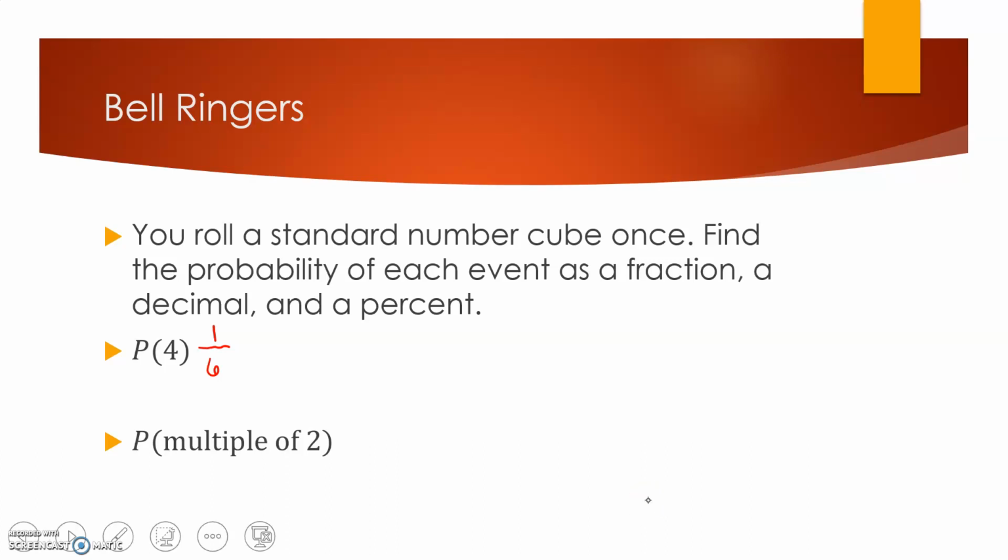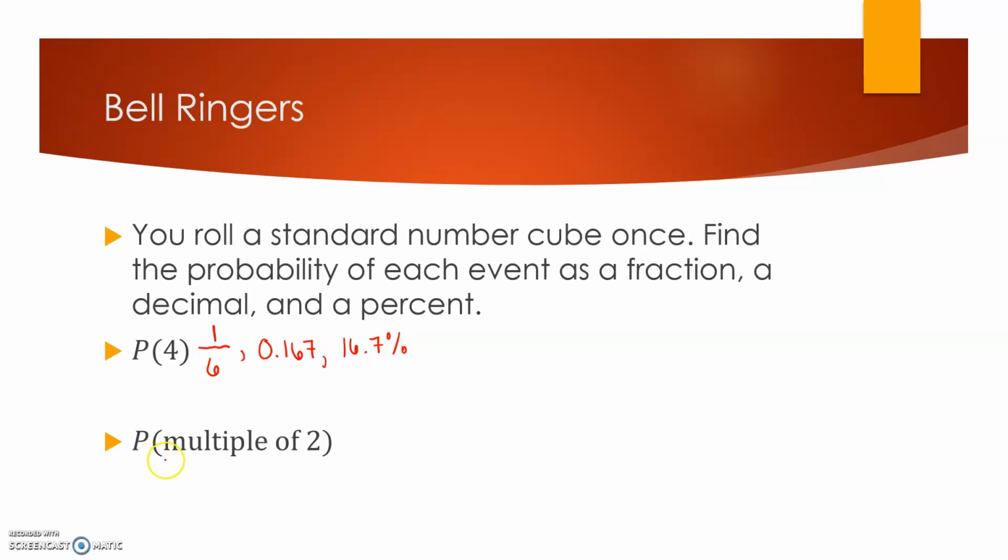So there's our fraction. If we write that as a decimal, we're doing 1 divided by 6. That's what I'm putting in my calculator, 1 divided by 6, and I get 0.167 because I like rounding to 3. And then as a percent, I'm going to move that decimal 2 to the right and I get 16.7%.